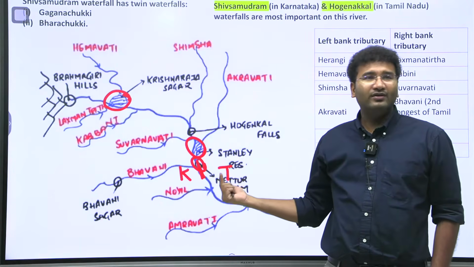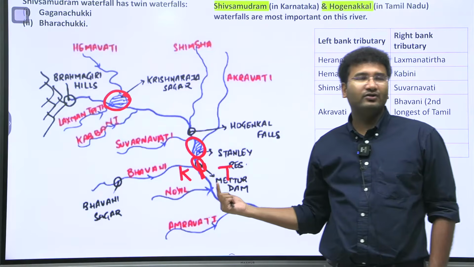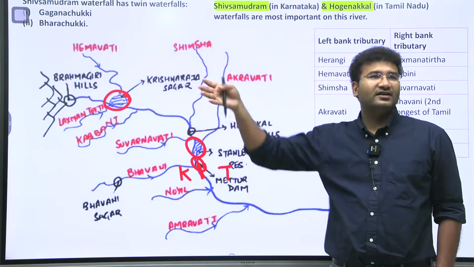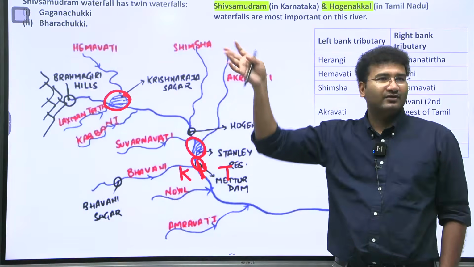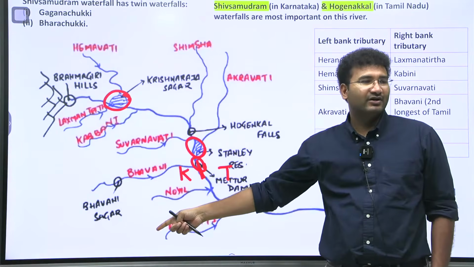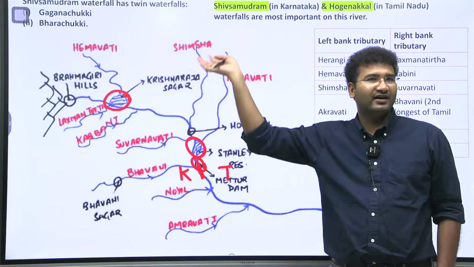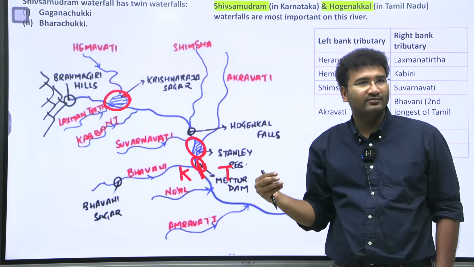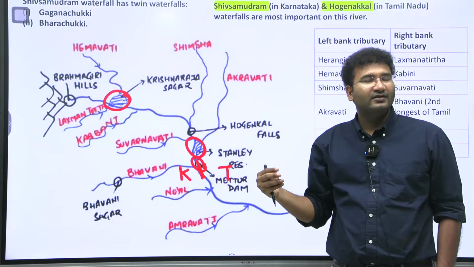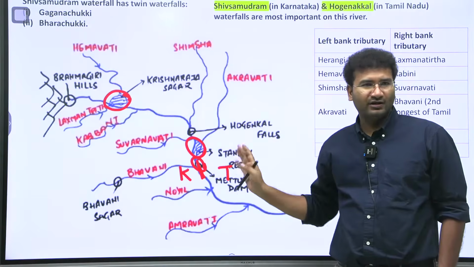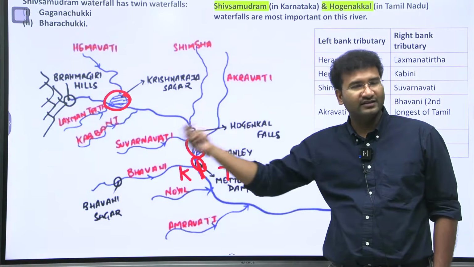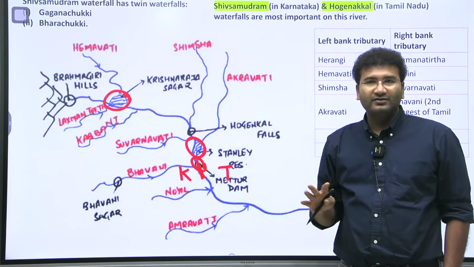So what they generally would like to do is increase the height of the dam, which Kerala does not like, because if the height of the dam keeps increasing, the storage of the water will be more, right? Sorry, Kerala wants to increase and Tamil Nadu does not want it.